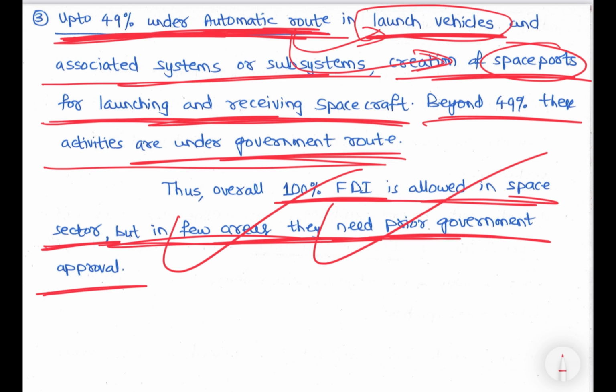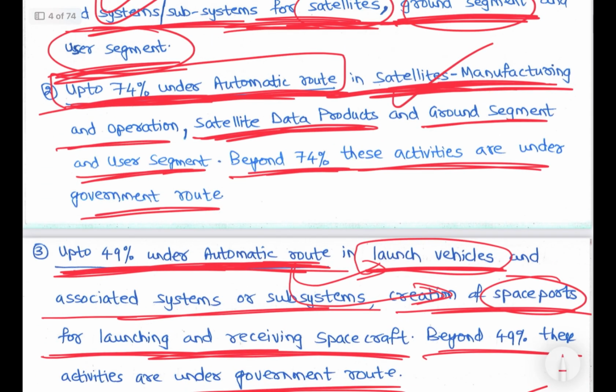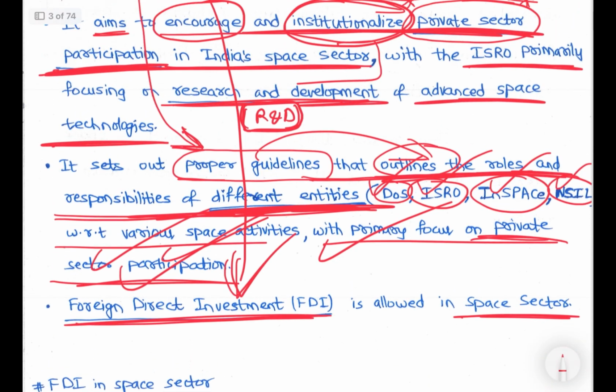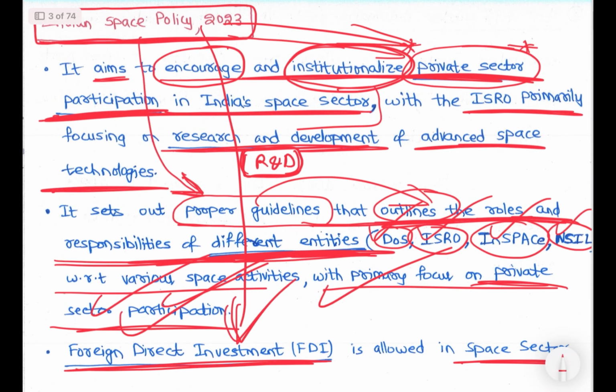So that is with respect to space policy. So basic things हैं, बाकी जो general points हैं, लोगों को aware करेंगे, ये करेंगे, वो करेंगे, all those generic things you can mention, right.